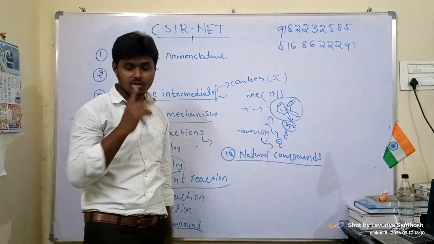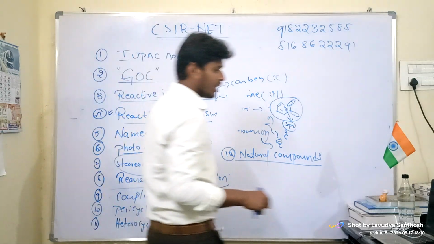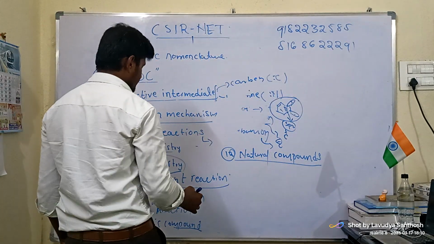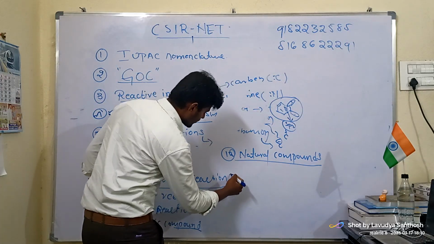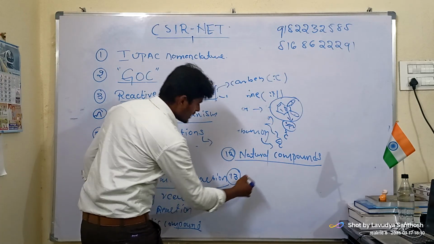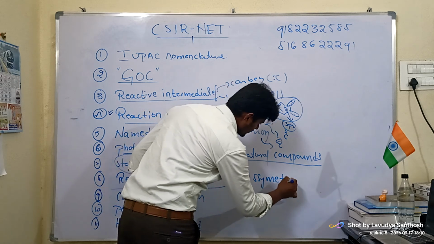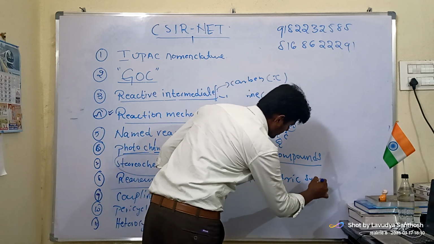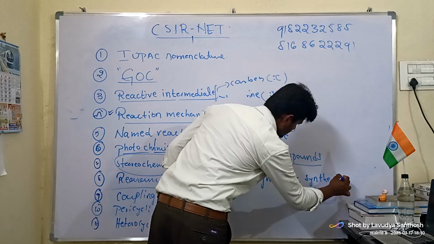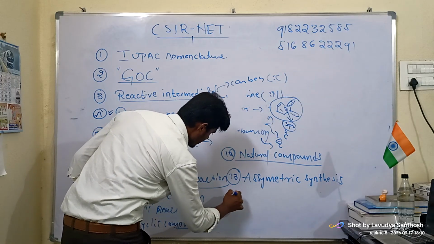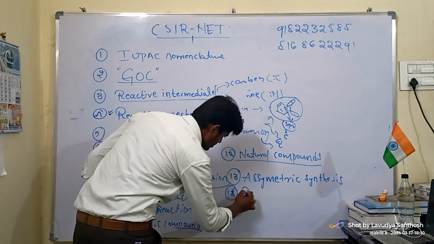So you just see this, alkaloids. Now this is 12. Next, 13, asymmetric synthesis. 14, retrosynthesis.